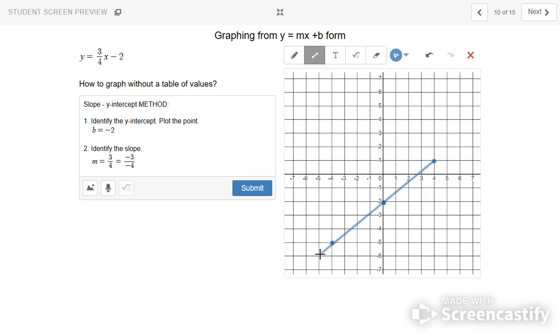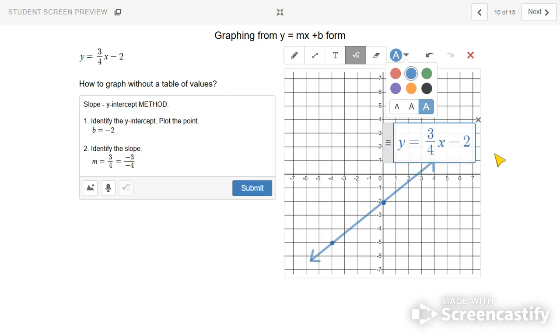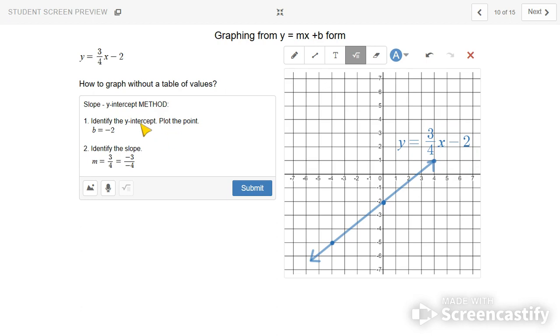Now I have 3 points. I will join all 3 points. Remember to make an arrow at the end of the graph, and we can label our equation y = 3/4x - 2. So the key things that we did, we identified the slope, we identified the y-intercept.